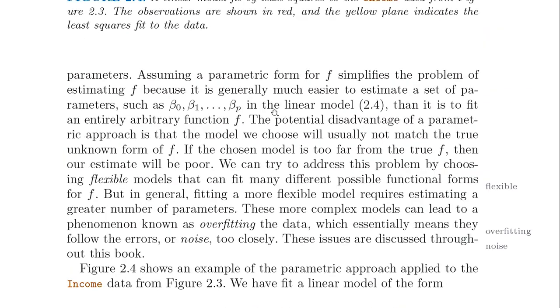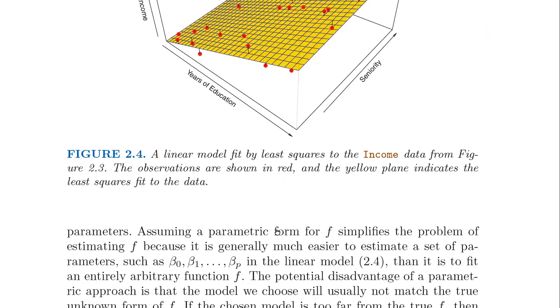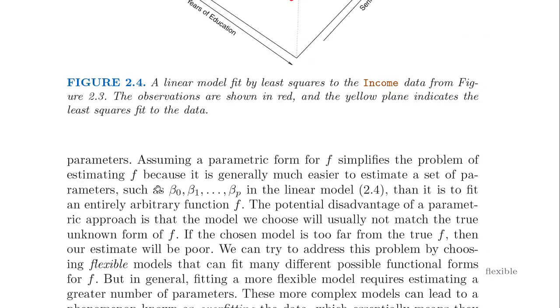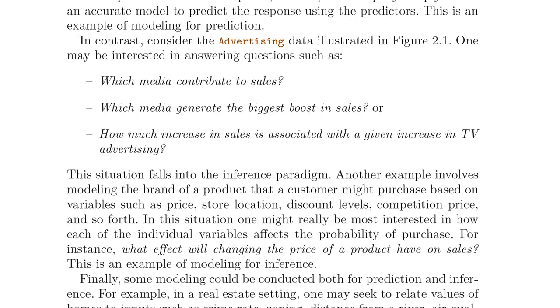Comparing figure 2.3, which is what I did earlier, right? The two surfaces. The true f, and remember, the authors are sort of playing God. They did it backwards. They generated the data points using a predetermined f. So this is the true f.